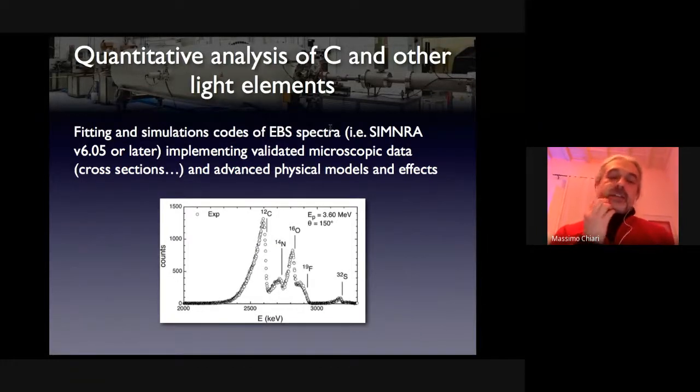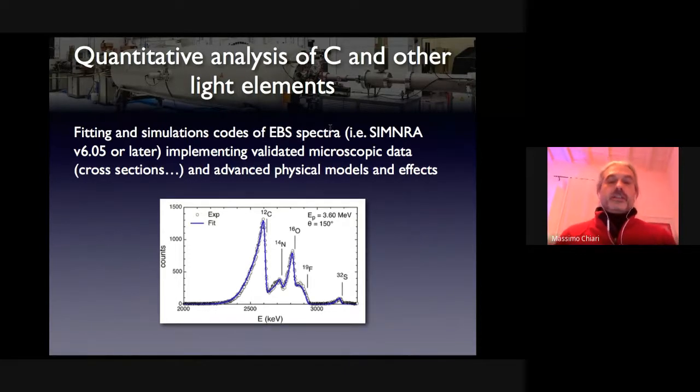The spectrum seems not to be very complicated, but it has a lot of features that can be simulated just using the latest version of simulation codes like SIMNRA, implementing cross-sections that have been theoretically evaluated or experimentally measured, and using advanced physical models for effects like, for example, roughness.